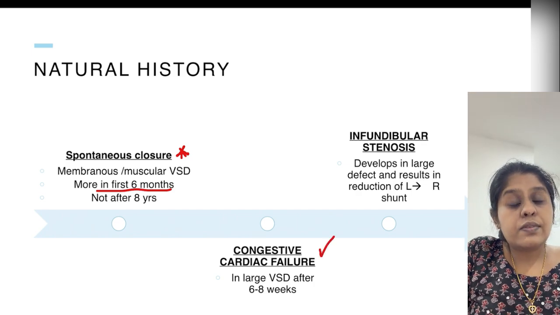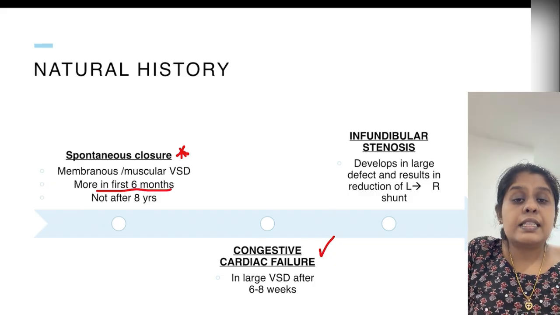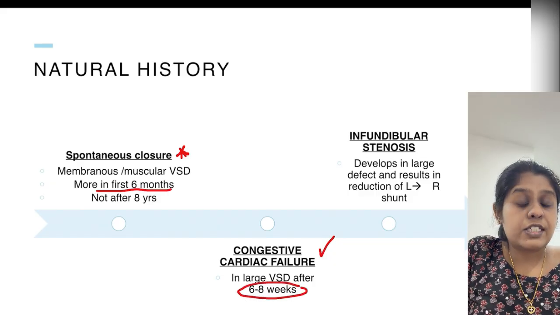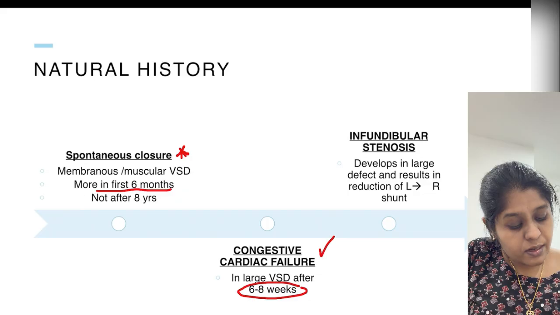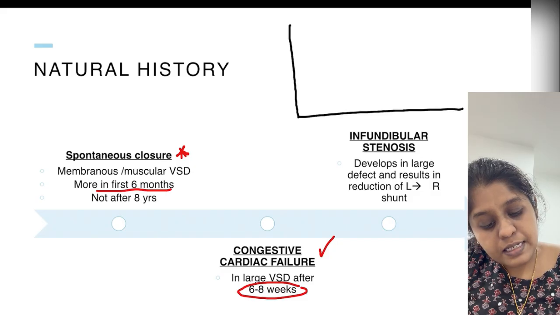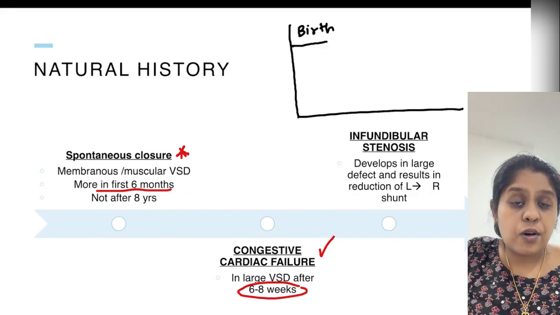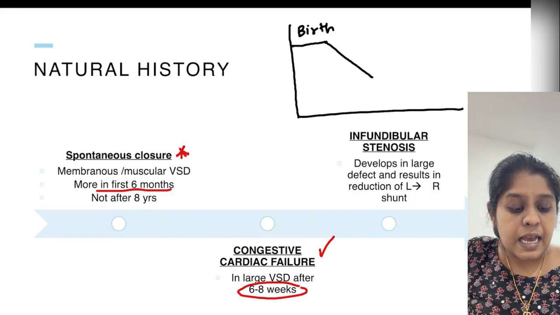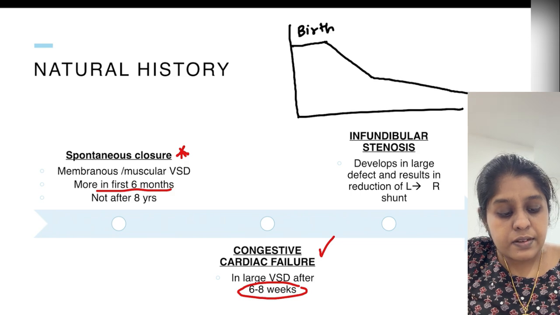So you know that when the pulmonary pressures fall, which happens around 6 to 8 weeks, there will be an increase in the left to right shunt, which causes flooding of the lungs and which will in turn lead to congestive cardiac failure. So I will show you a graph on how the pulmonary vascular resistance falls. At the time of birth, the pulmonary vascular resistance will be very high. Soon after birth, there will be some fall in the pulmonary vascular resistance, and then the maximum fall occurs after 6 to 8 weeks.